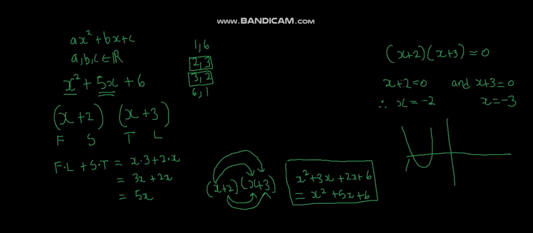So this point of intersection would be minus 3. This is not drawn to scale. This is just to show graphically that when you solve a quadratic, you're actually finding the points of intersection of the quadratic with the x-axis. And here would be minus 2.